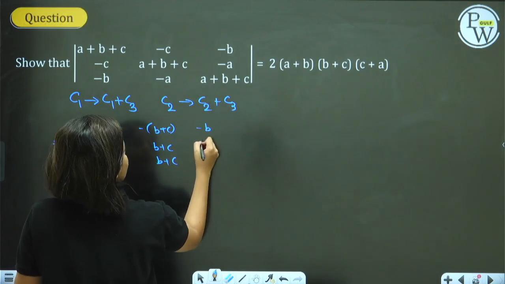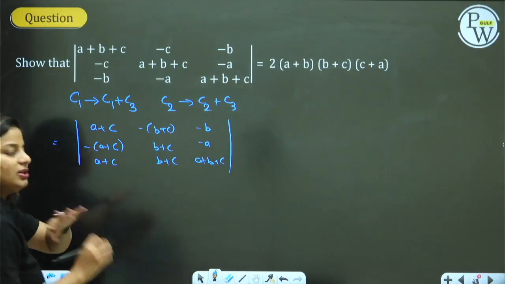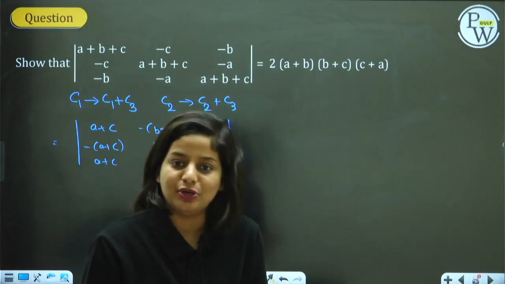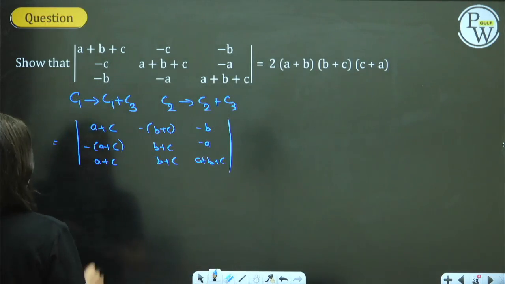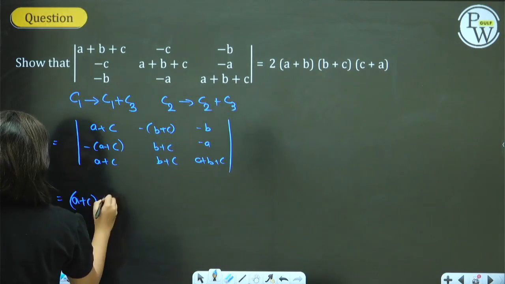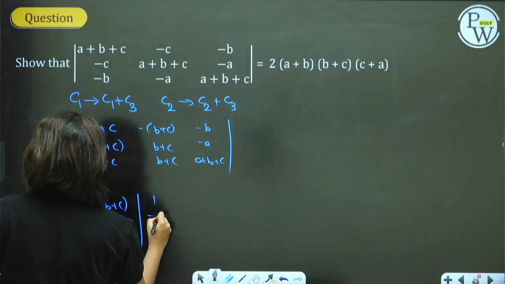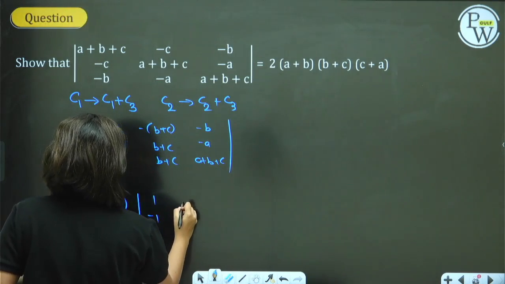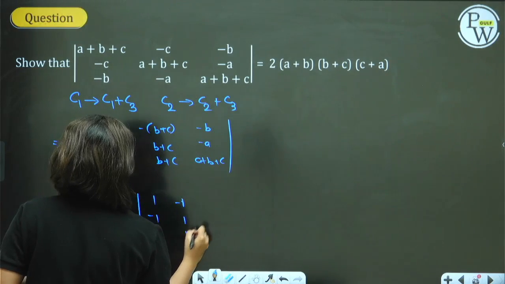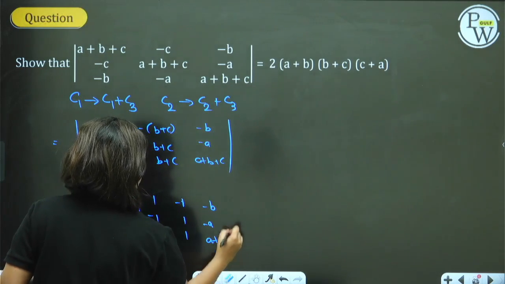The last column is as it is. Now because I am doing column transformation, I'll continue with column transformation only. From first column and second column, we can take a plus c and b plus c to be common. The common property, taking out common, you remember: minus 1, 1, 1, minus b, minus a plus b plus c.